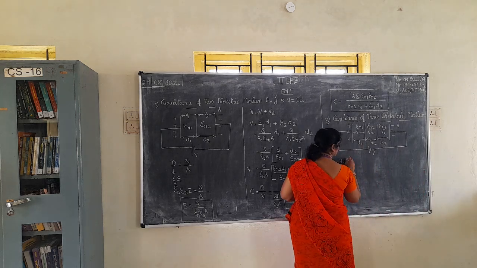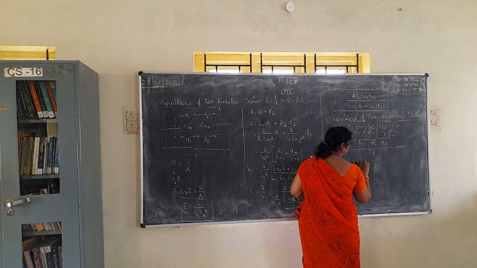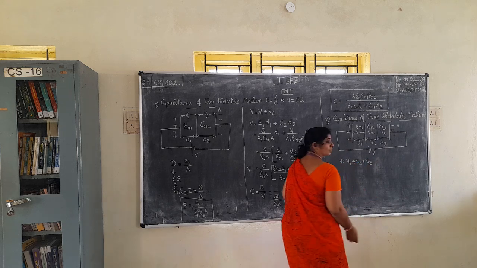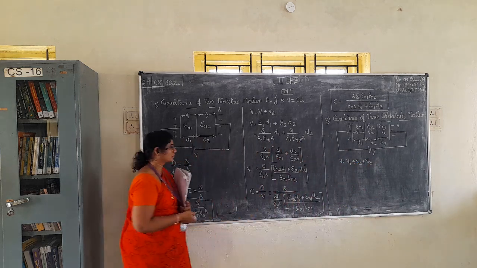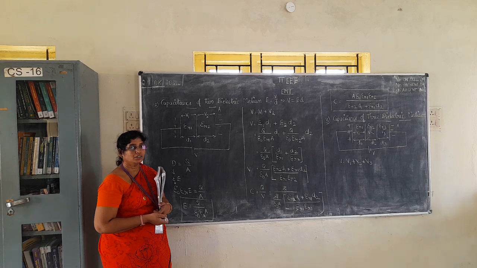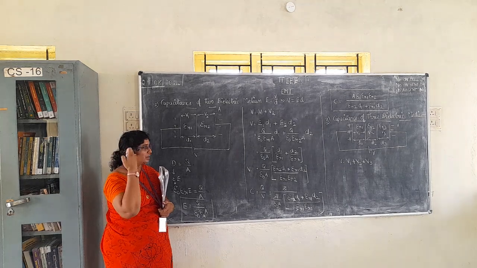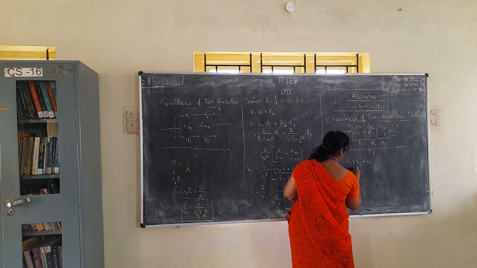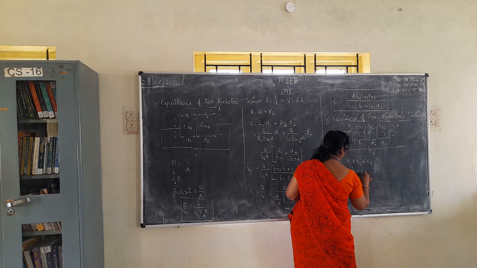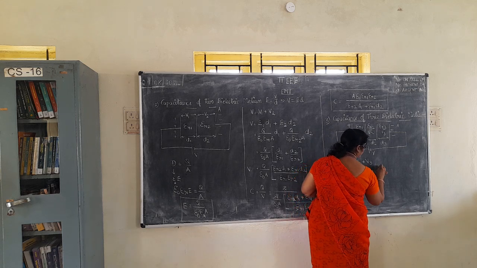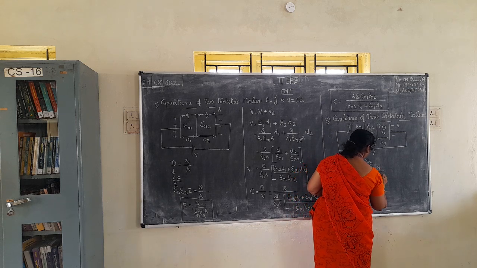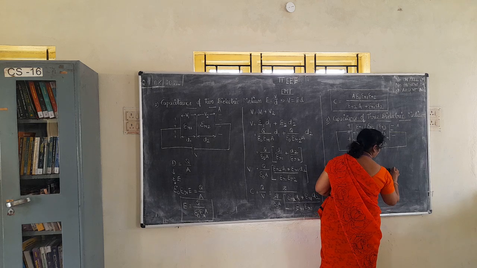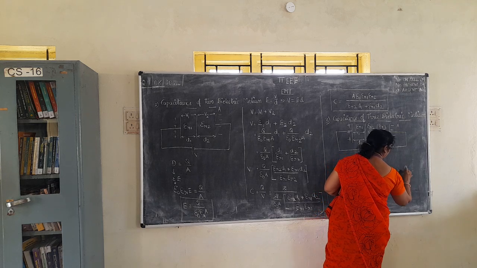That is Q divided by epsilon naught epsilon R1 A into d1, plus Q divided by epsilon naught epsilon R2 A into d2, plus Q divided by epsilon naught epsilon R3 A into d3.